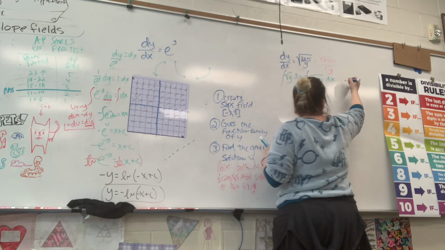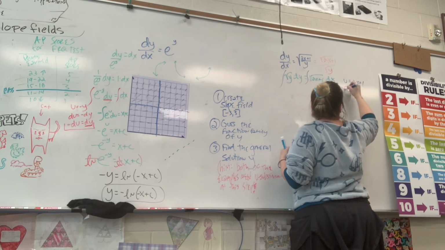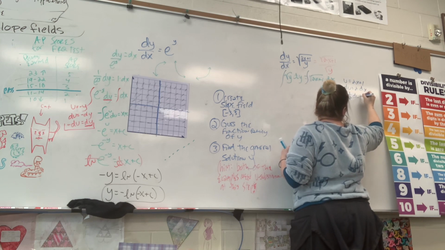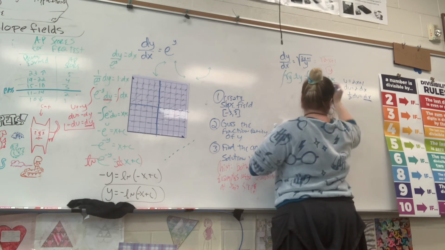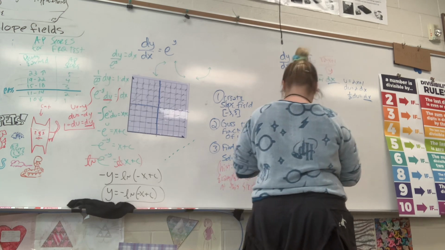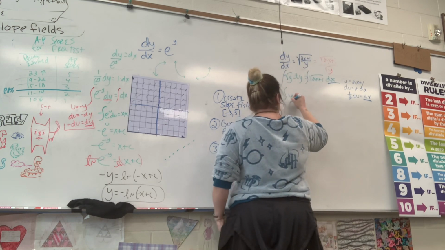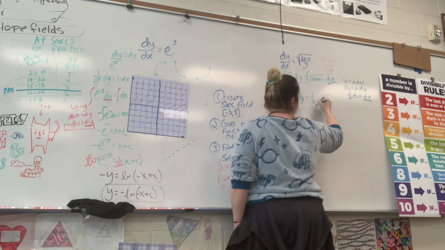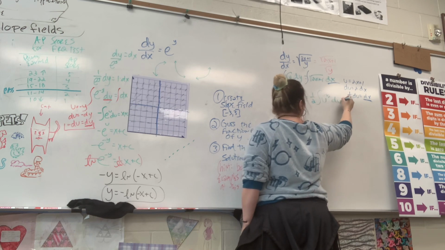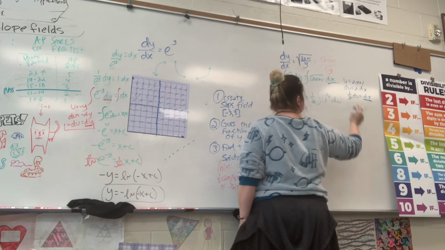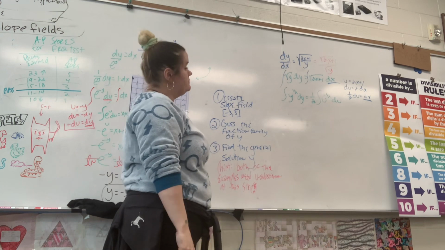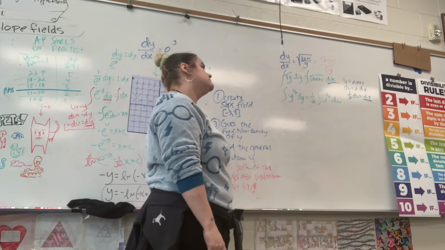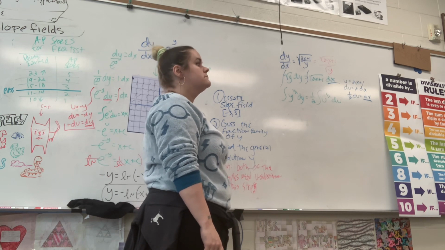Then I'm going to integrate. U is 2x plus 1, so du is 2 dx, so 1/2 du is dx. So y to the 1/2 dy is 1/2 u to the 1/2 du. We doing okay?